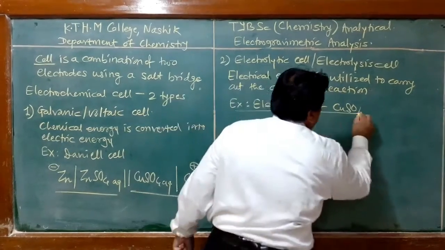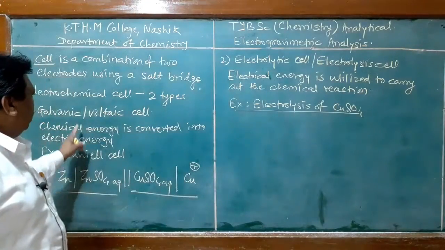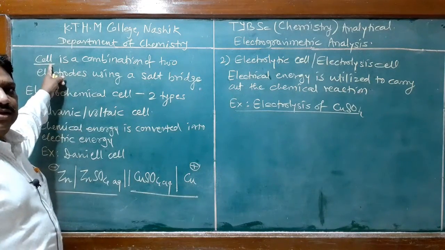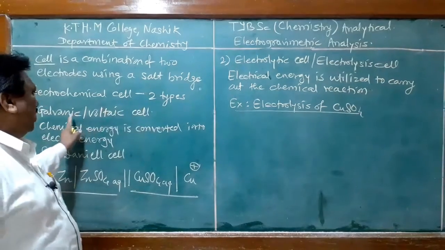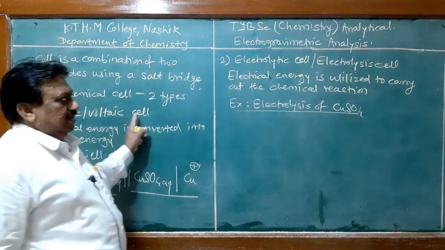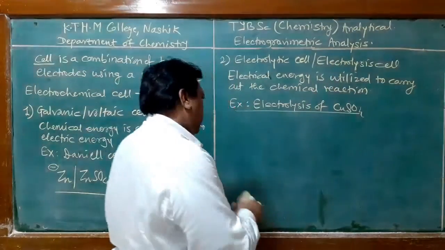Therefore, electrochemical cells are classified into two types: galvanic cell or voltaic cell, and electrolytic cell or electrolysis cell.